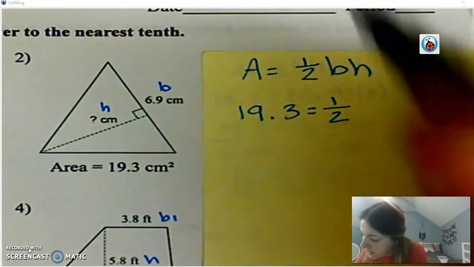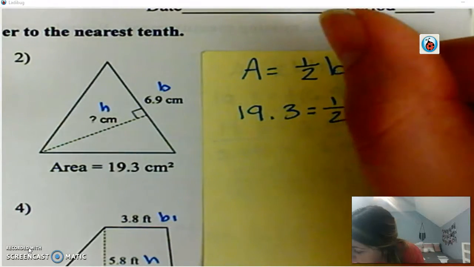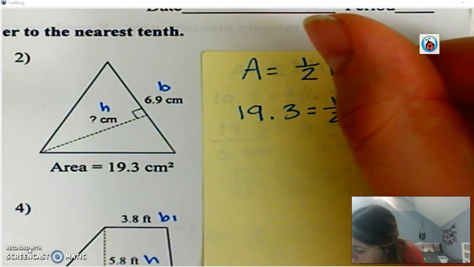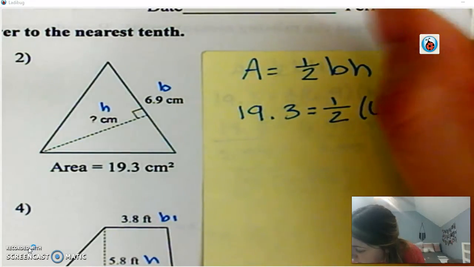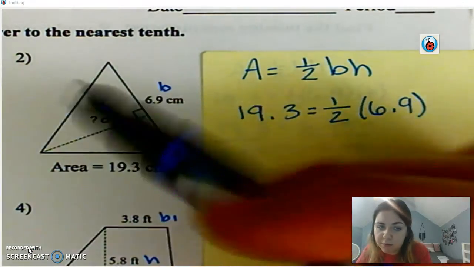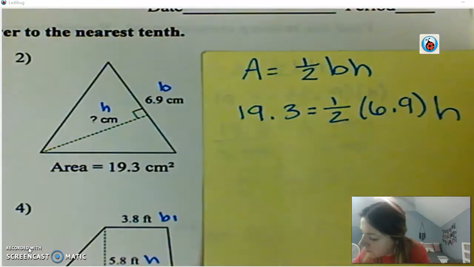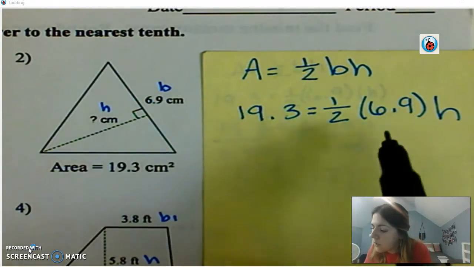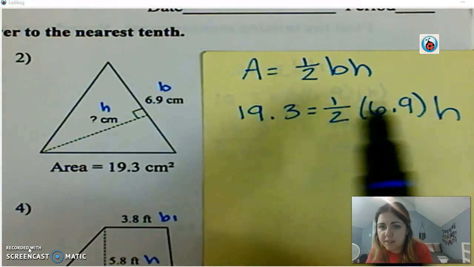My base was 6.9, so I'm going to put 6.9 in parentheses, and my height is the missing value, which is what I was looking for. I have filled in everything I know, and step 1 is to simplify this.